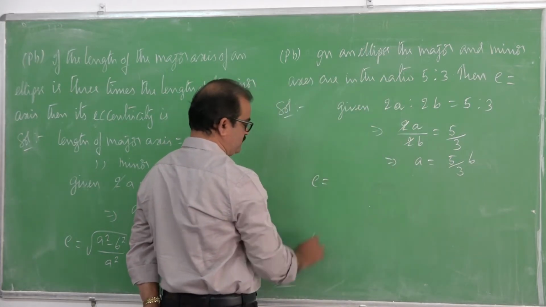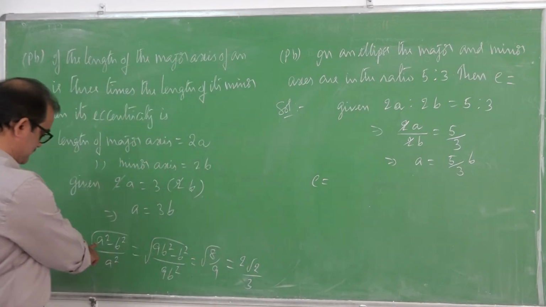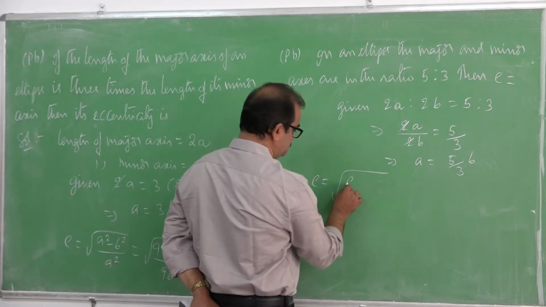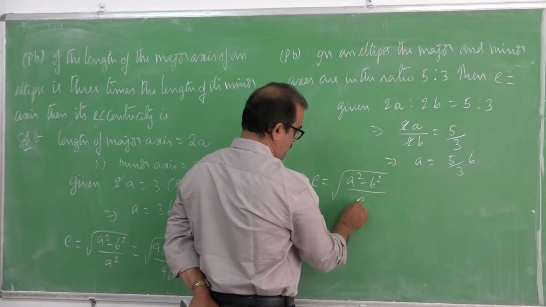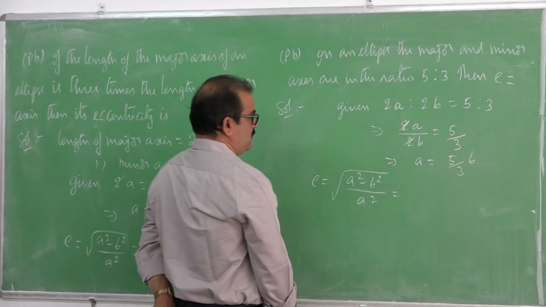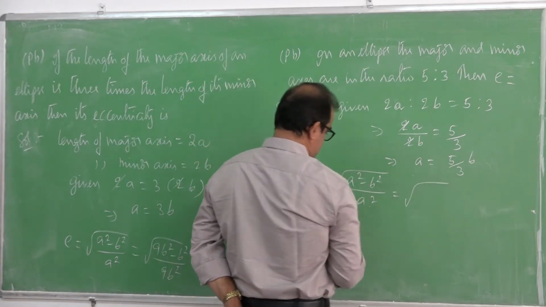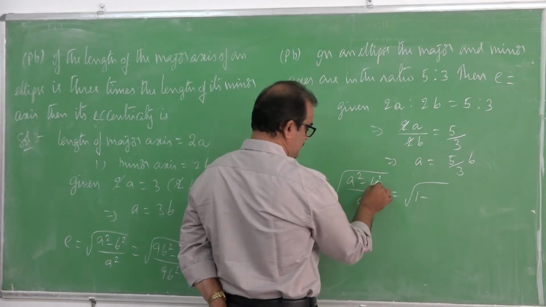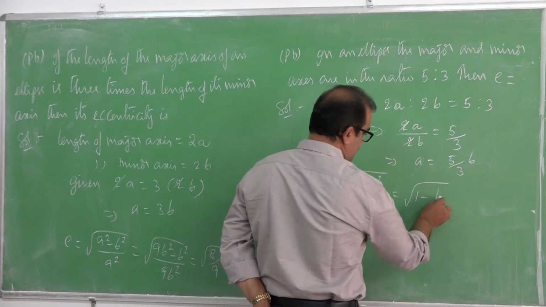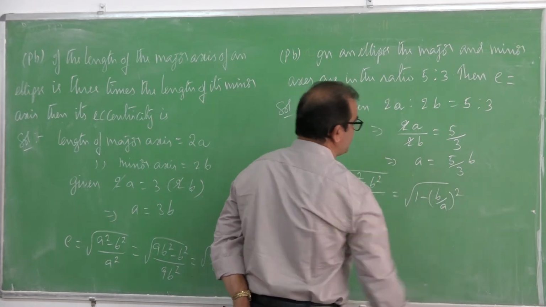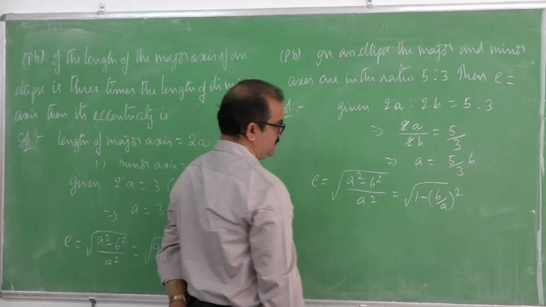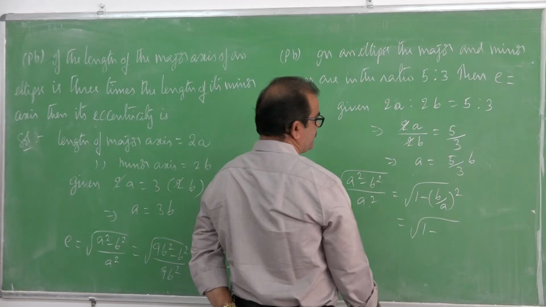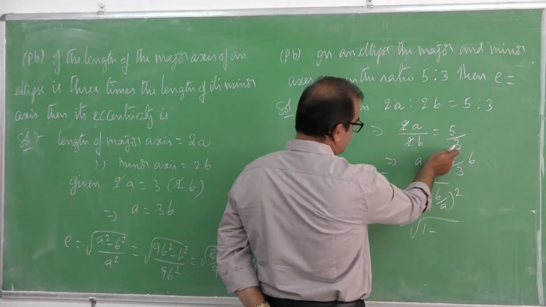What is the formula to find eccentricity? We already discussed. Root of a square minus b square by a square. Or write it as divide a square separately, a square by a square, 1 minus b square by a square, or b by a whole square. This is equal to root of 1 minus, here what is a by b? 5 by 3.